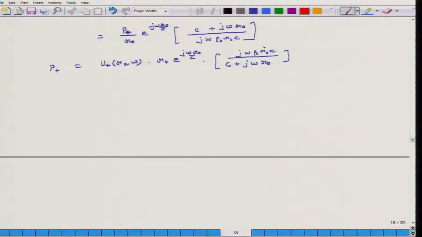Now I take this r naught out of the bracket and multiply it with the other r naught.